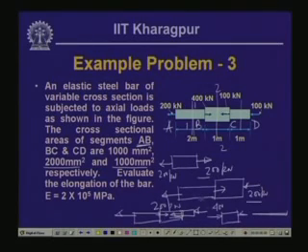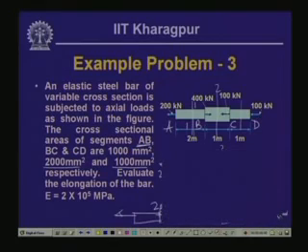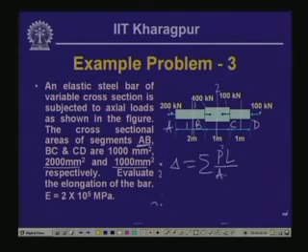Now, if we calculate the deformation for the 3 segments, we can find the total delta as summation of PL by AE, as in each of these 3 segments the cross sectional area remains the same over the stretch.